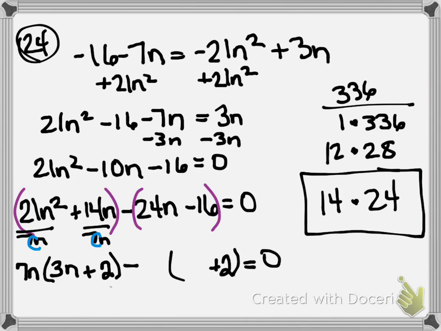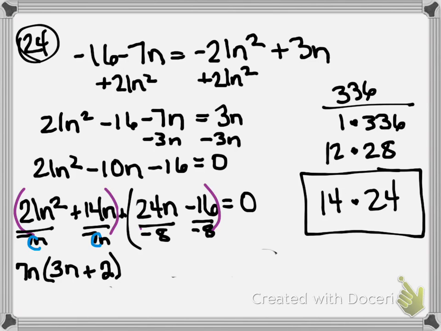Well, to get a plus 2 right there, that would mean I would take out a negative 8, wouldn't it? Okay, so if I take a negative 8 out, the first term is going to be a negative 3n. Is that what I wanted? No, I want a positive 3n. That tells me that that negative sign on that 24 needed to be inside my group.